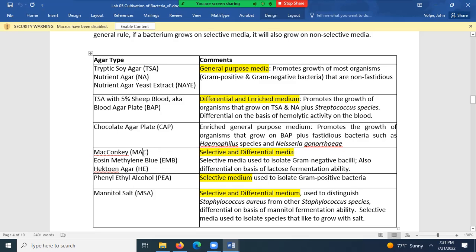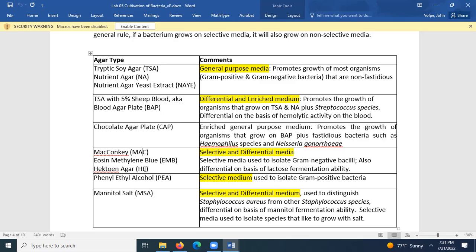MacConkey's, I can remember, is pink if it ferments lactose, and it's not pink if it does not ferment lactose. With Hektoen agar or HE agar, it's salmon colored, meaning an orangish pink color, if it ferments lactose, and it's not salmon colored if it does not ferment lactose.